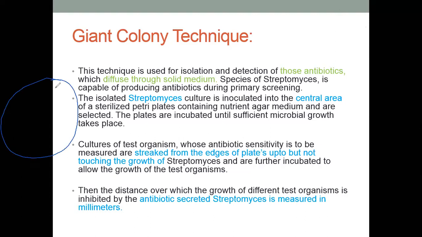And in this Petri plate, we're going to grow the colony, but we're only going to grow it in the center, right? So this is the center, and this is where we're trying to grow the colony, right? And which one is it? It is Streptomyces.